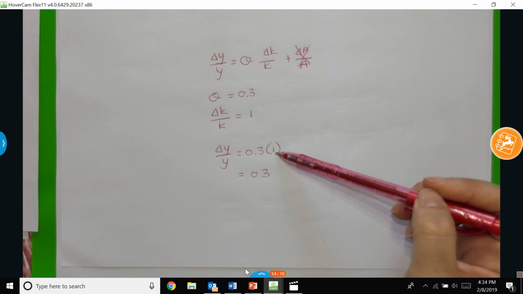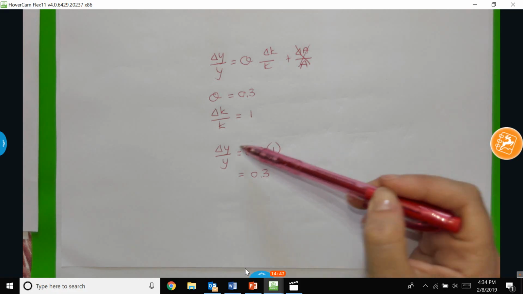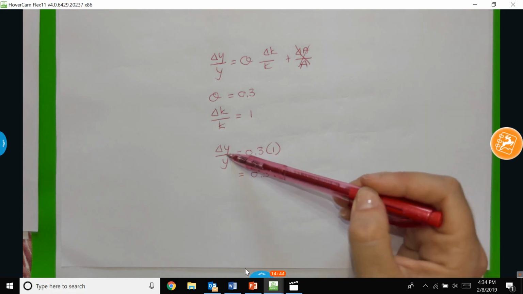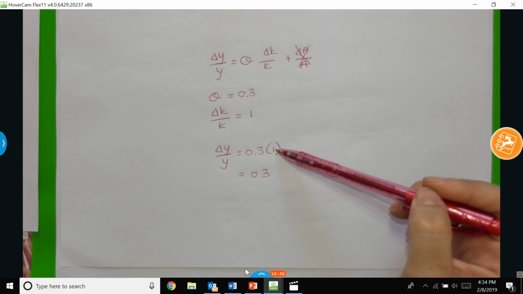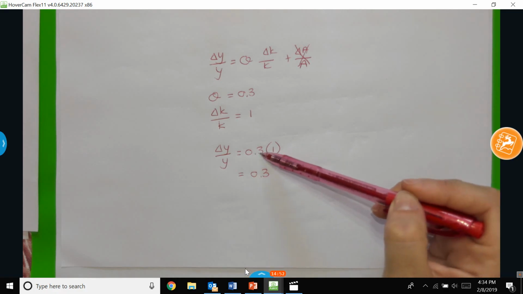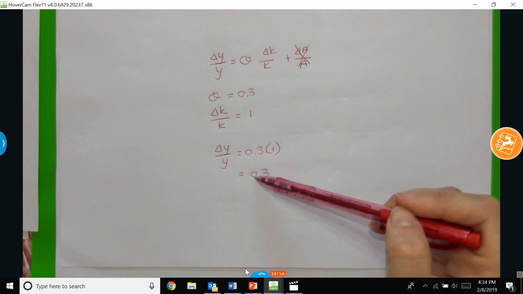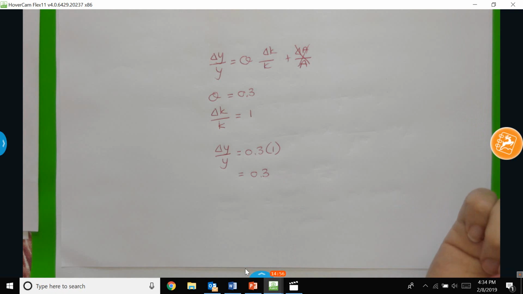So if capital stock per person was to increase by 1%, overall there would be a less than 1% increase in output per person. Here, capital stock per person grew by 1%. Because theta was 0.3, output per person only grew by 0.3%.